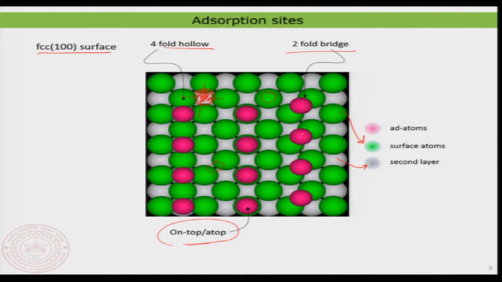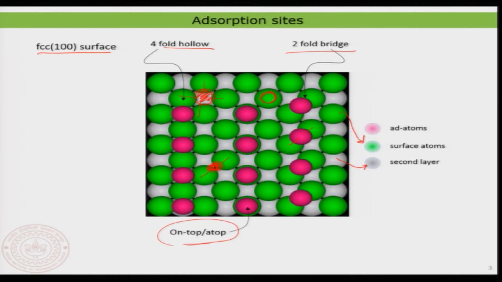But when it adsorbs on the 2-fold site, the atom has 2 coordination. So, the coordination number is less, and when the atom is adsorbed on top of an atom, it only has coordination with the atom on the surface.